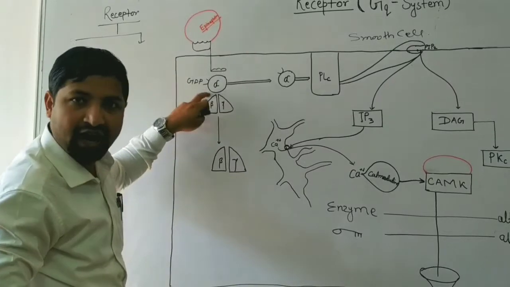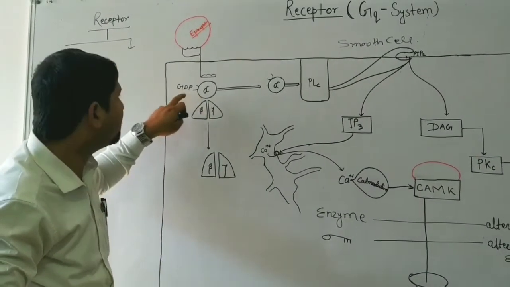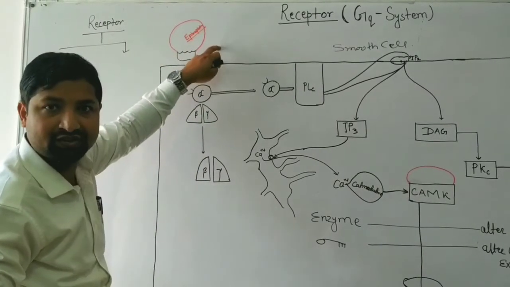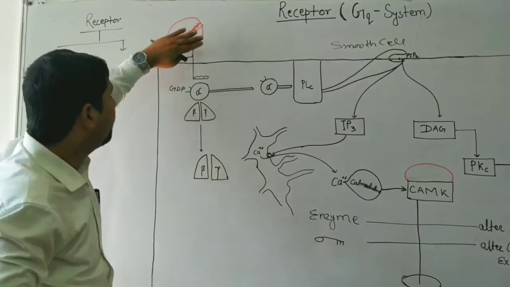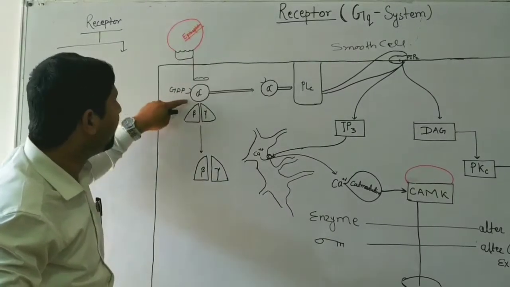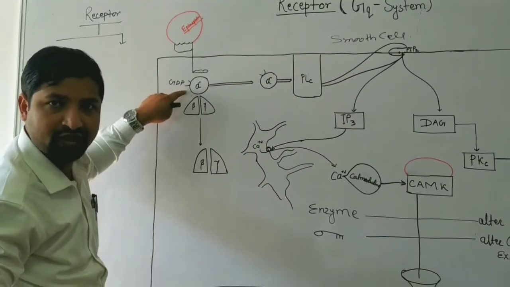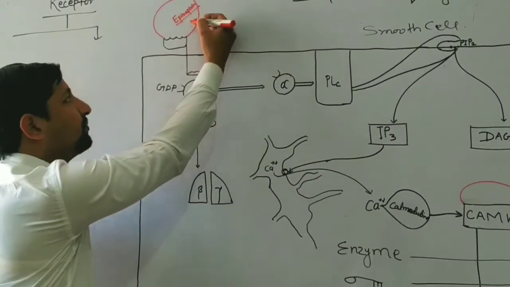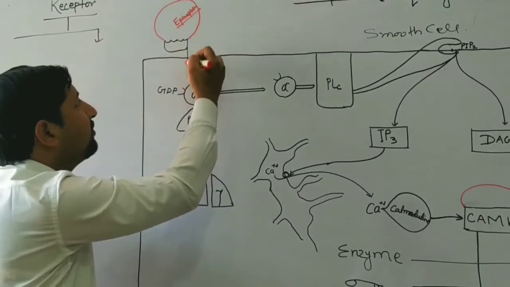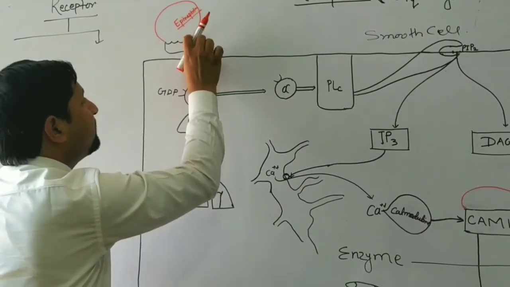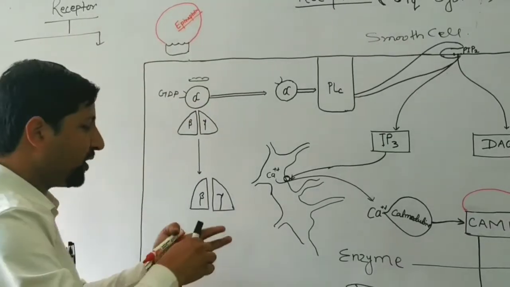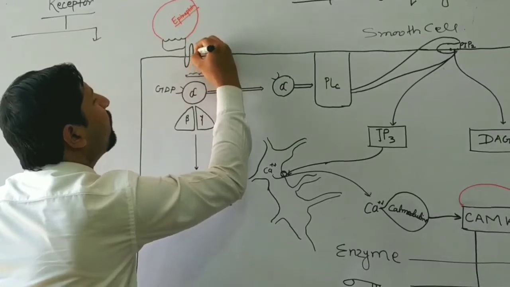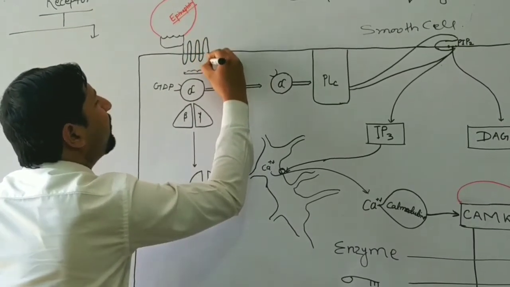The alpha subunit contains GDP in the initial stage, when no drug is bound to the receptor, the ground state. Now the drug will come and bind to this receptor. Basically this is a 7-pass receptor: 1, 2, 3, 4, 5, 6, 7.